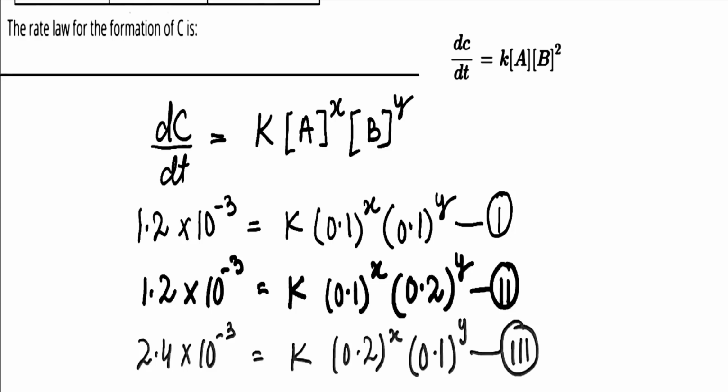Now for that, what we will do is take equation first and equation second. Here we can see that the concentration of A and the concentration of B is same.